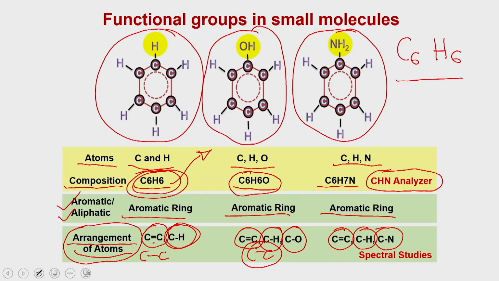But before that, if you can determine the compound and its nature, whether it is aromatic or aliphatic, that can also help you in predicting the kind of functional group that could be present with this particular empirical formula.